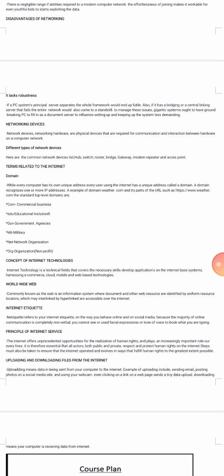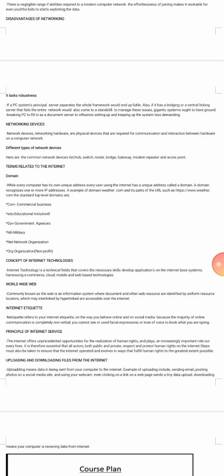The World Wide Web, commonly known as the web, is an information system where documents and other web resources are identified by uniform resource locators, which may be interlinked by hyperlinks and are accessible over the Internet.